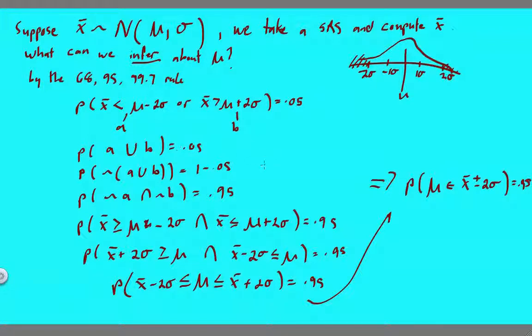And then from that, we're able to turn it around and say, look, all of this also suggests something about mu given our sample mean. And what that thing is, is that there's a 95% chance that mu is going to be within 2 standard deviations of our sample mean.